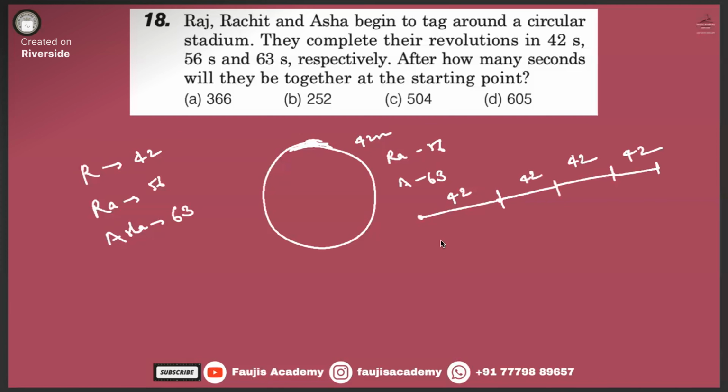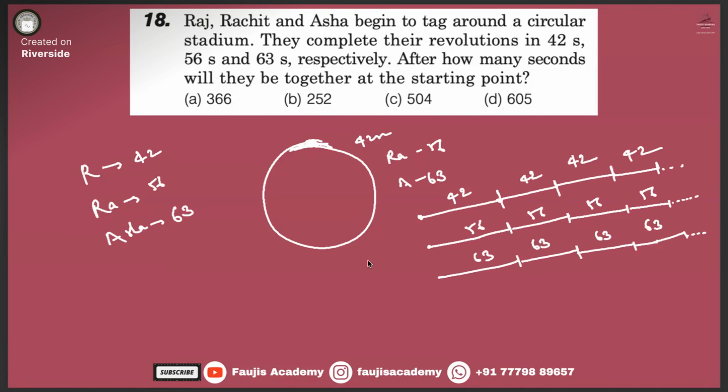Right, guys? And for Rachit, it's like he's taking 56 seconds to complete one round, then 56 seconds to complete another round, then again 56 seconds to complete another round, and so on. Right? And similarly, Asha is like 63 seconds, 63 seconds, 63 seconds, and 63 seconds. Right? So at what particular time will they be meeting together?